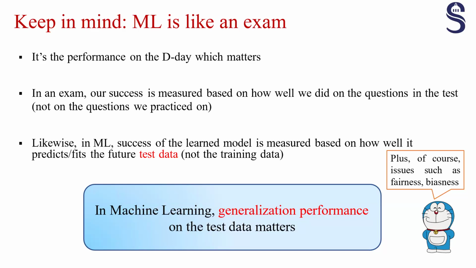Definitely, when you are training the model, you have some measurements which can tell you how accurate your model is. But when you are trying to generalize the performance of your model, it is very important how it behaves with the test data. And if it works well on the test data, as well as having the fairness and unbiasedness which you need in your model, then definitely your model is the best one.